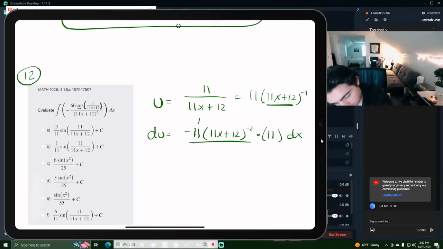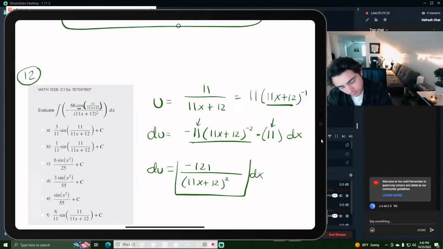What I would recommend is multiplying these negative 11s, or just negative 11 times 11. We get negative 121, and I'll throw this term in the denominator to the positive 2, and then dx, and then du. So this is what you would get if you did the quotient rule.